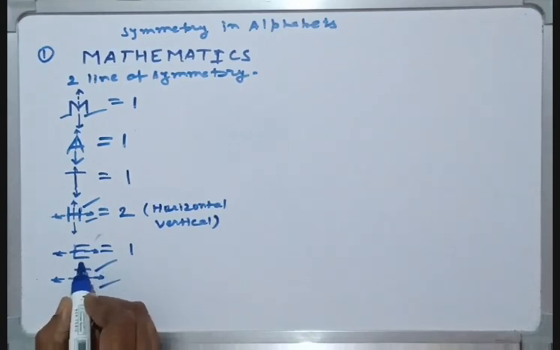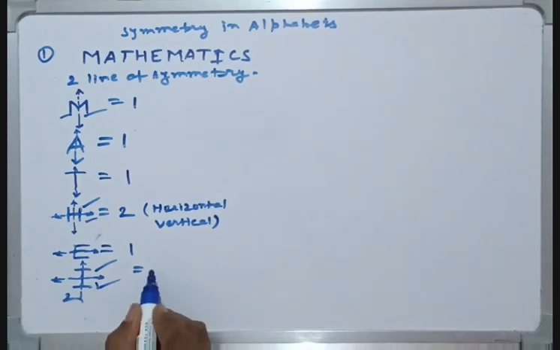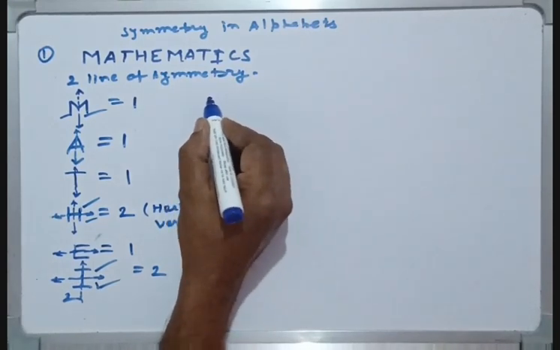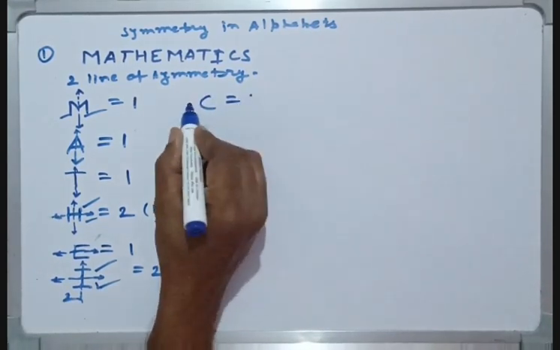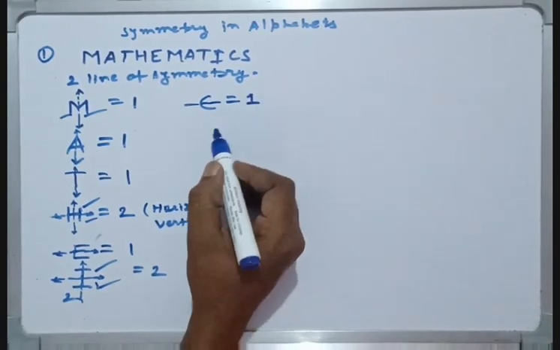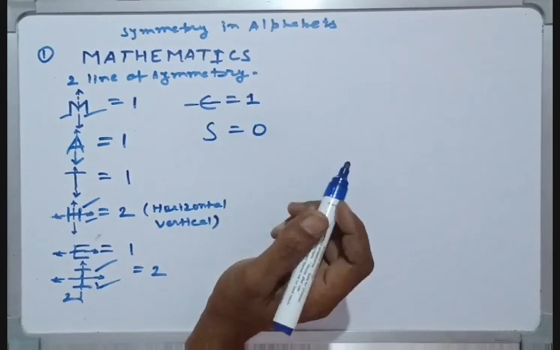And when we draw a vertical line, this is also symmetrical about the vertical line, so one is horizontal and the second is vertical, two lines of symmetry in I. What about C? C has only one line of symmetry, which is a horizontal one. S has zero lines of symmetry.